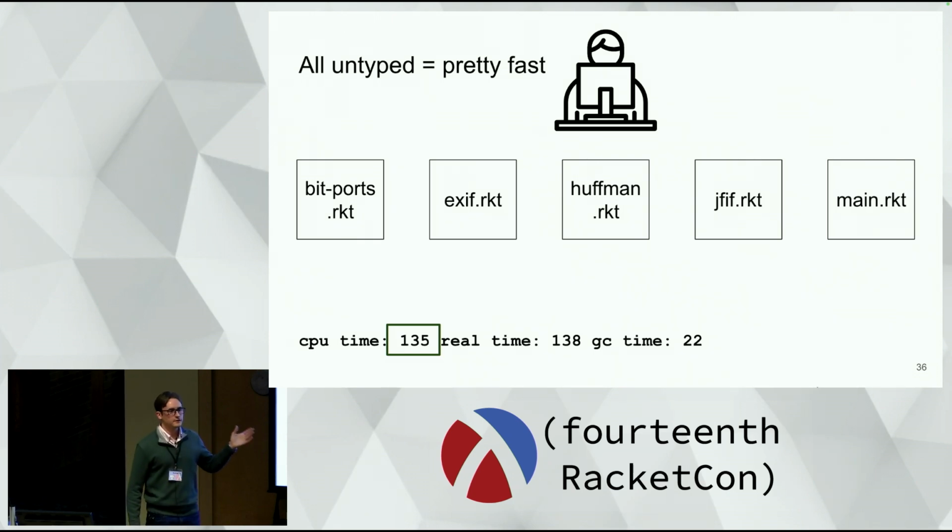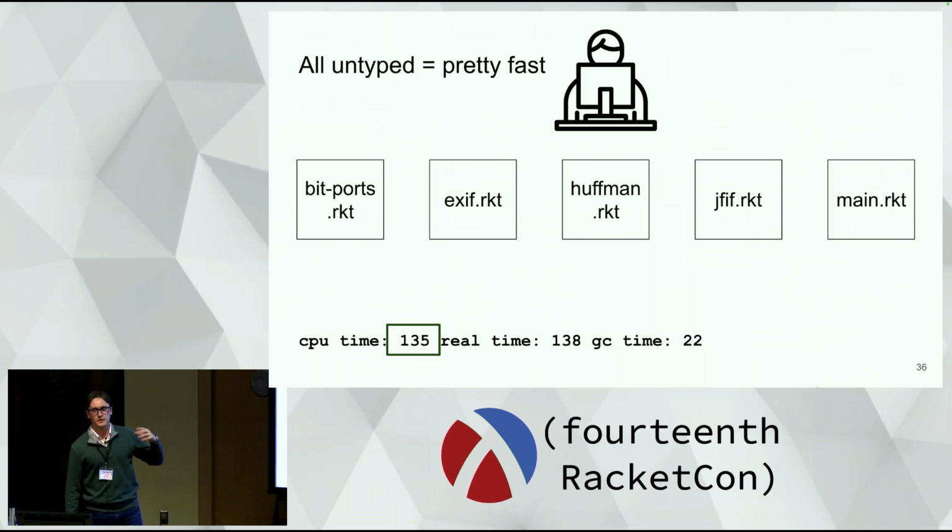We are going to use this time as a marker. All our times are going to be relative to this time that we initially get from the untyped program. It's a simplification, but if our code runs faster than this, it's a fast program.